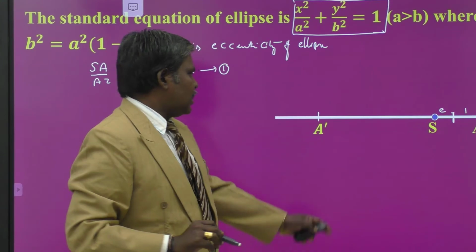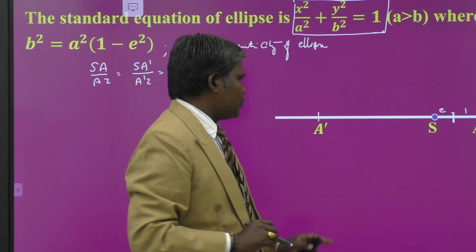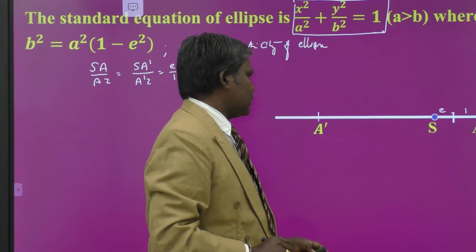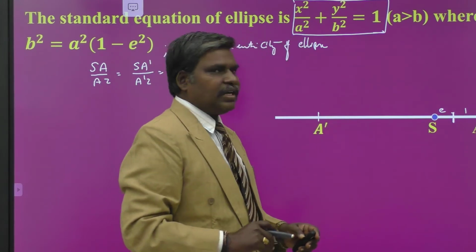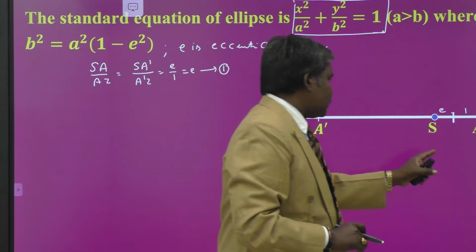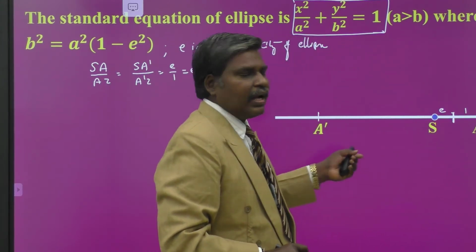So I repeat, let S be the focus and line L be the directrix of the ellipse. Draw line SZ perpendicular from focus S to directrix L. Choose two points on the line joining SZ, namely A and A dash. They divide SZ in the ratio e is to 1, one internally, the other externally.